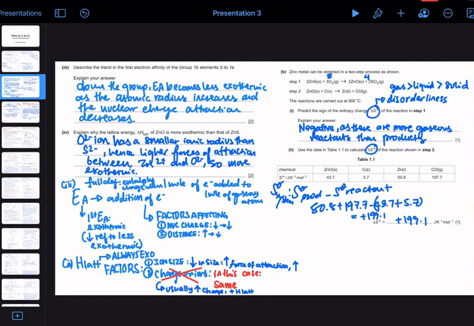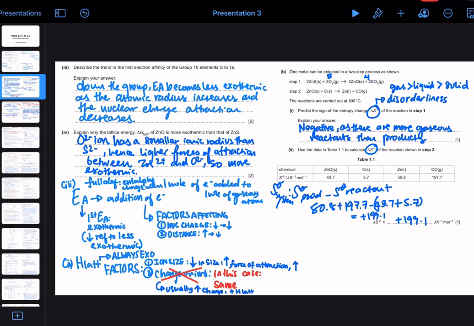Describe the trend in the first electron affinity of group 16 elements from S to Te. Explain your answer. Okay, so this one, basically for the whole of physical chemistry, it's very concept heavy. You have to remember, and if you don't, that's very unfortunate, but you can try to use some of your AS knowledge.